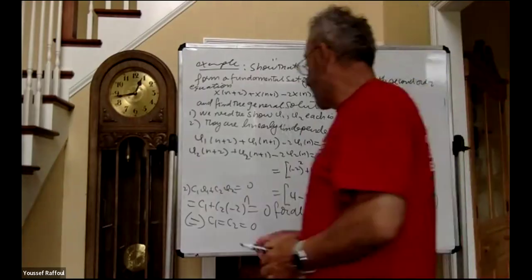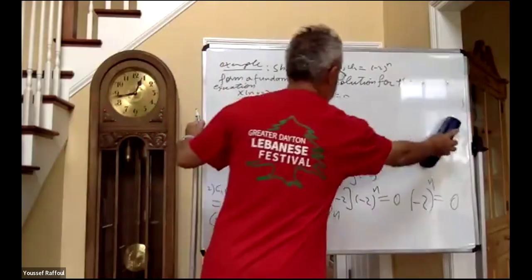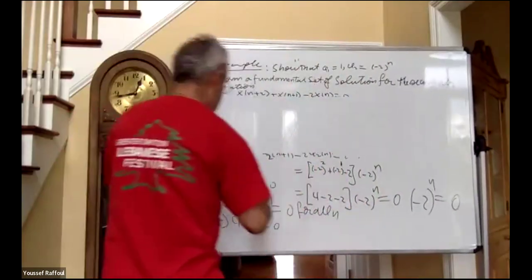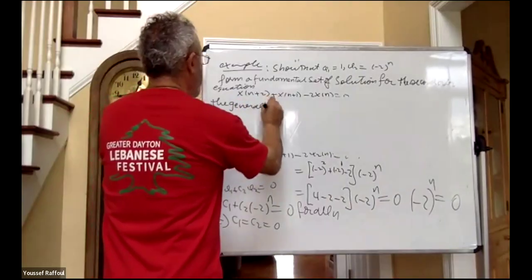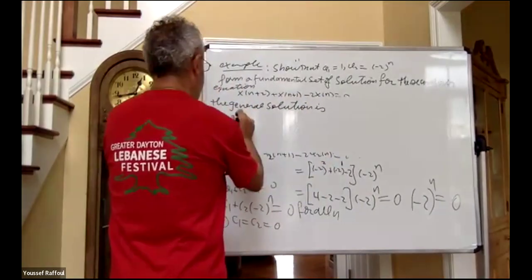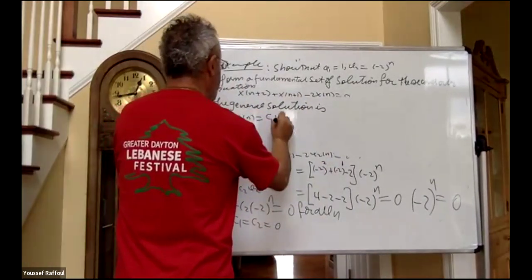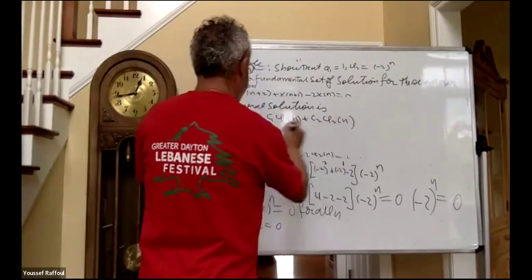Now, what is the general solution? The general solution is x_n equals C1 phi 1 of n plus C2 phi 2 of n.